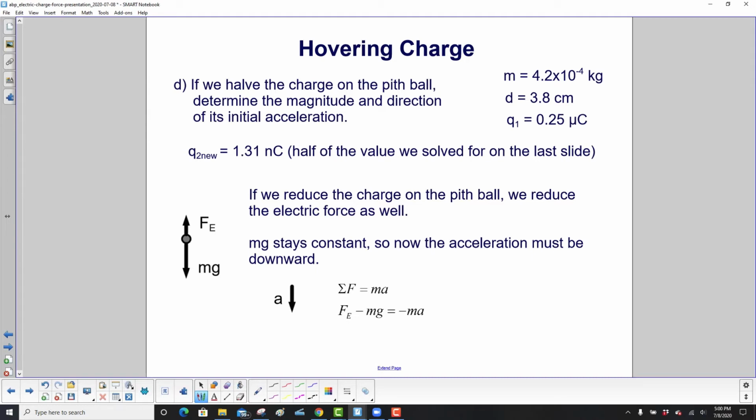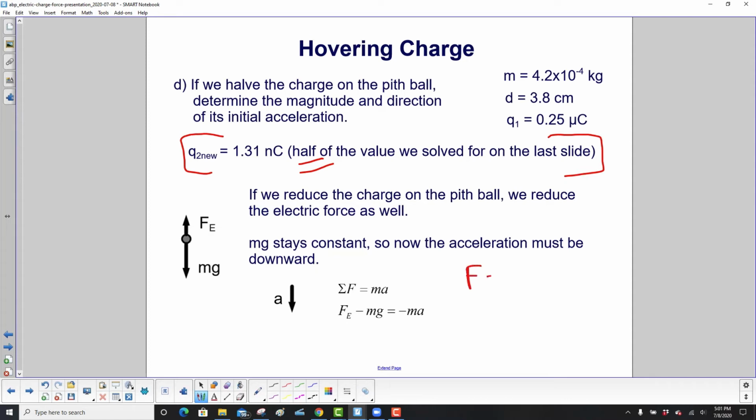So q2 new is going to be 1.31 nanocoulombs. That is half of the value that we solved for in part C, right? Because that was 2.62, so we cut it in half. Now, if we reduce the charge on the pith ball, we reduce the electric force as well. Well, why is that?